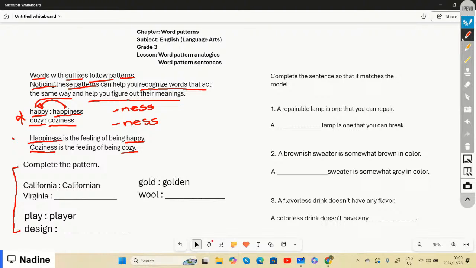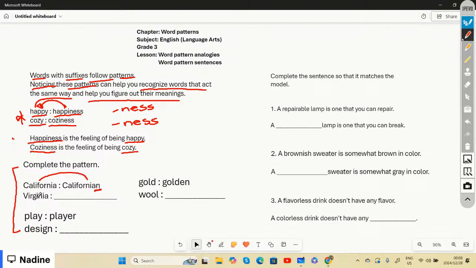Remember, we add basically the same suffix, or the suffixes will follow a specific pattern of being the same. It's the same as California. If we were to add the suffix to that word, only in, now it changes from California to Californian. Meaning, if you are from California, you are a Californian.